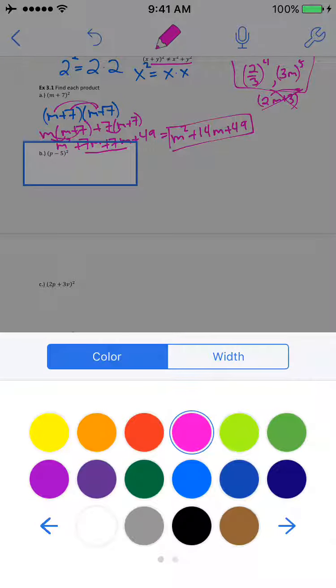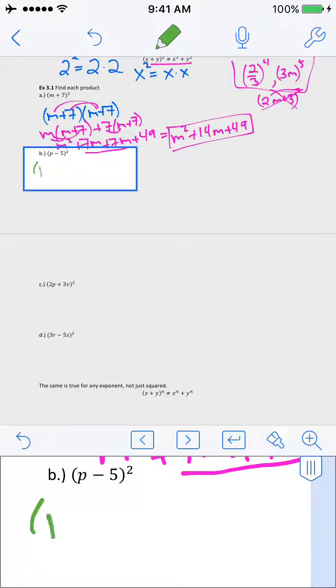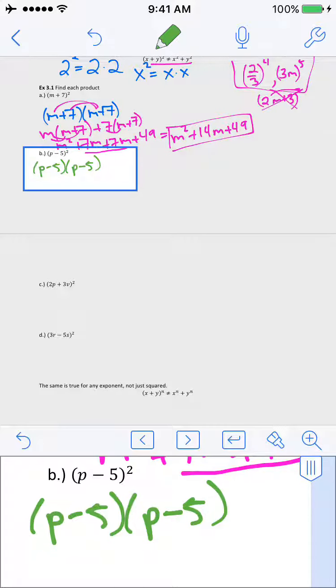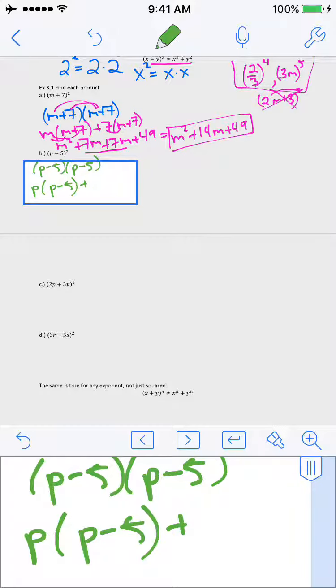Now that we know it's not going to be p squared minus 25, we're not going to distribute the 2. We're just going to rewrite it as p minus 5 times p minus 5, and then multiply. I can rewrite this as p times p minus 5, minus 5 times p minus 5.